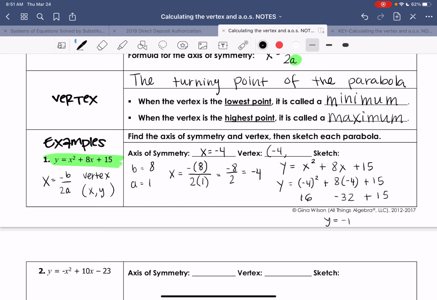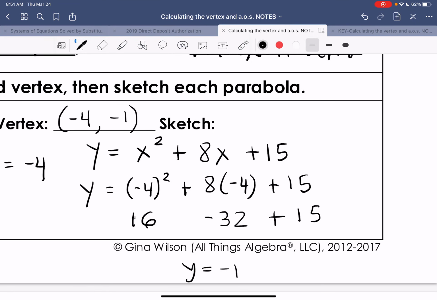So that goes in, and we finished our vertex. So then we're going to draw a little sketch over here. So if I'm thinking, okay, we have x is equal to -4, so 1, 2, 3, 4.